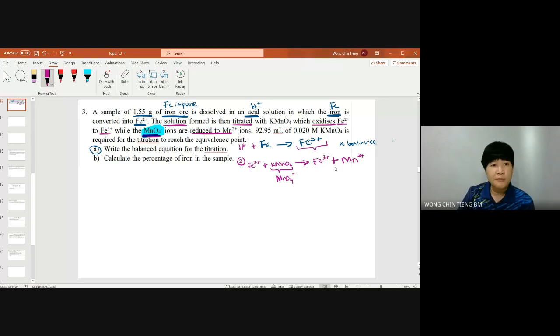Okay. So, a bit about this KMnO4. Why the KMnO4 yang soalan bagi tiba-tiba jadi MnO4 minus? Simple. The KMnO4 is actually a K plus and your MnO4 minus. Your K plus over here is what we call spectator ion. Spectator ion means dia duduk sana tak buat apa, penonton.